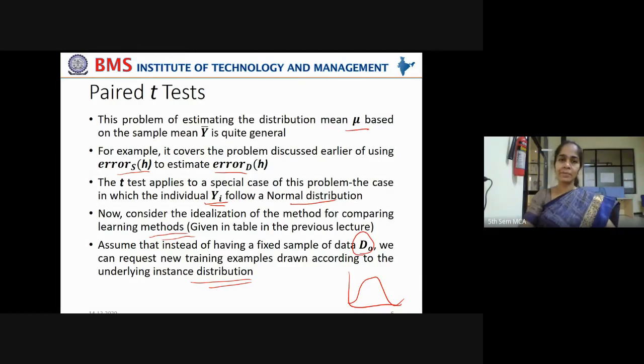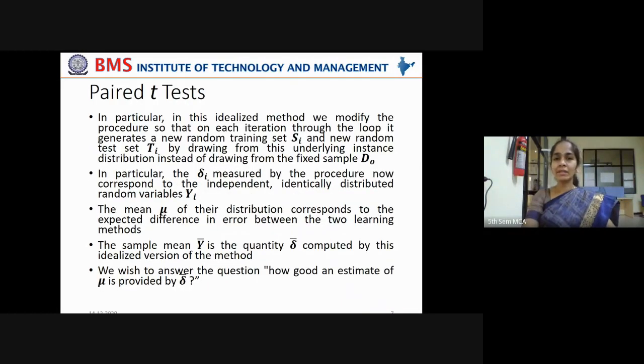Now, in particular, in this idealized method, we modify the procedure such that on each iteration through the loop, it generates a new random training set Si and a new random test set Ti by drawing from this underlying instance distribution instead of drawing from the fixed sample D naught.